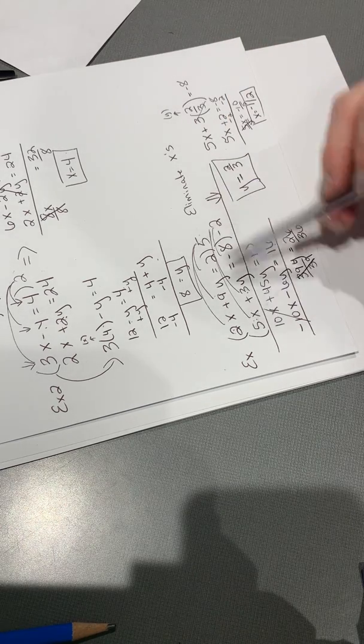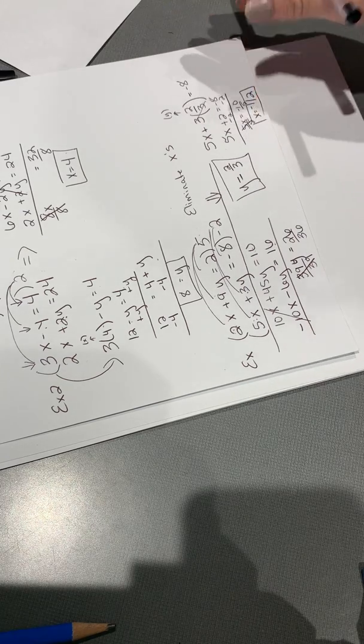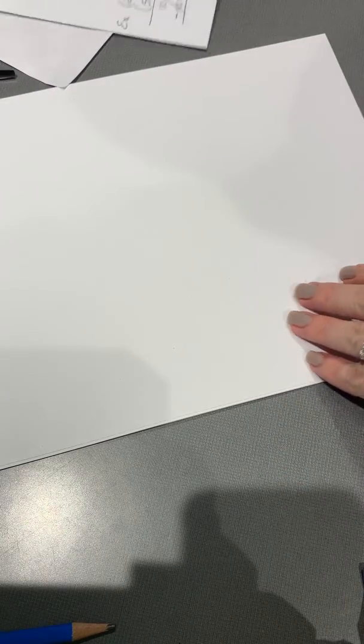So here's one that had integer coefficients, but the answers ended up as fractions. My last example is going to have fractions as the coefficients.